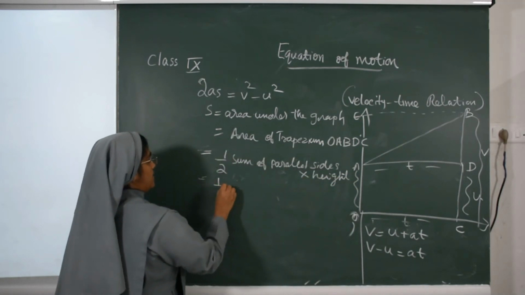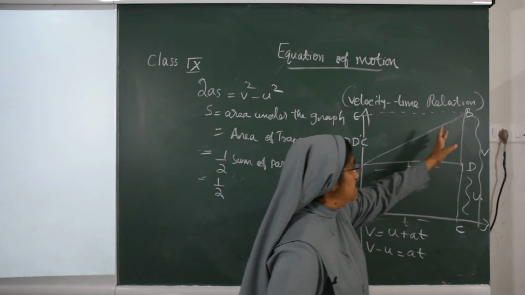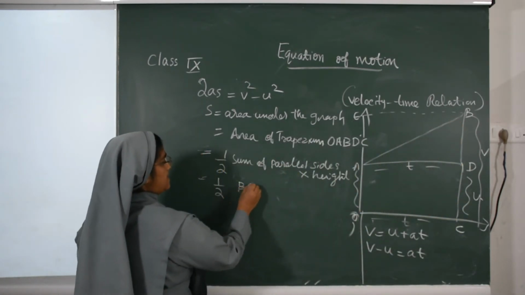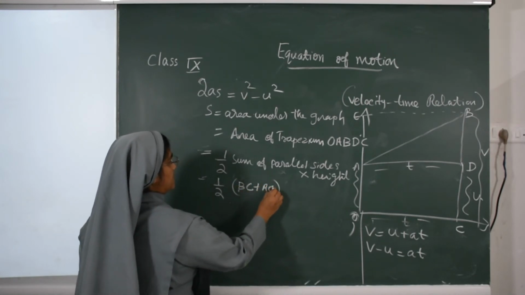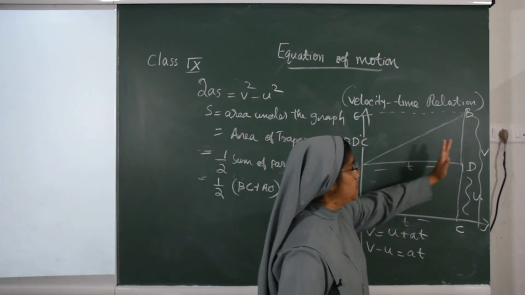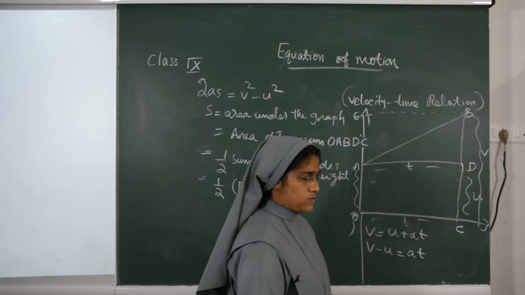So, half into the sum of the parallel sides means BC plus AO, these are the parallel sides. Then into height, the height between the two parallel sides. What is the height between the two parallel sides? That is OC.